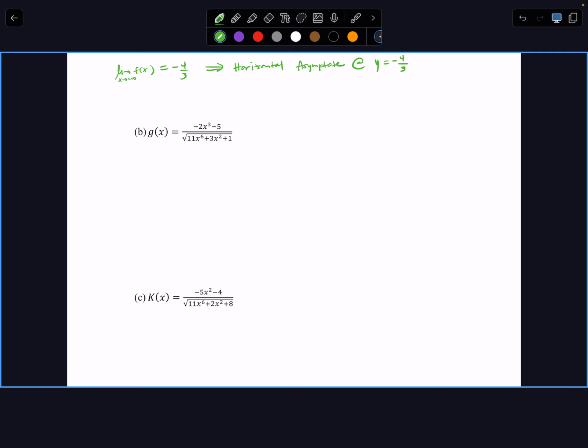But you just turn and talk, right? So go ahead and determine, first of all, the limits as x approaches positive and negative infinity for each of these functions. And then based on those limits, determine if there's an end behavior equation that we can come up with to describe the end behavior of either g of x or k of x. Talk to your group or partner.